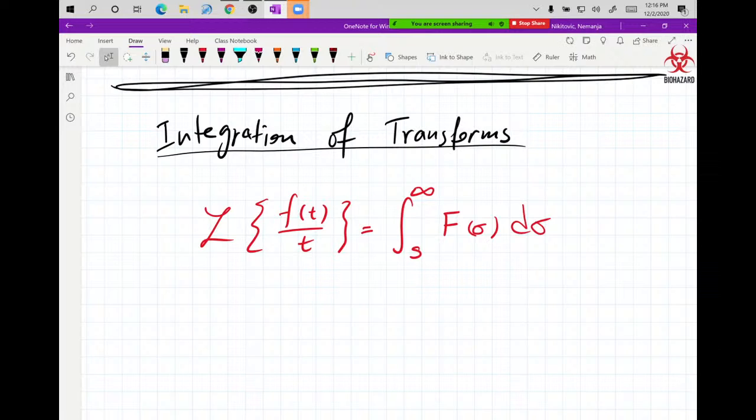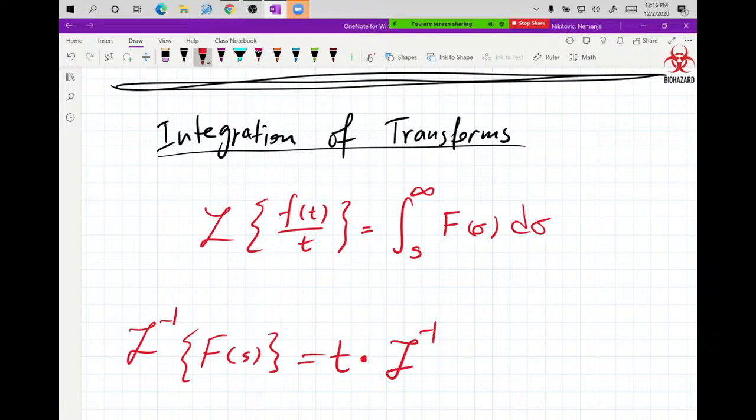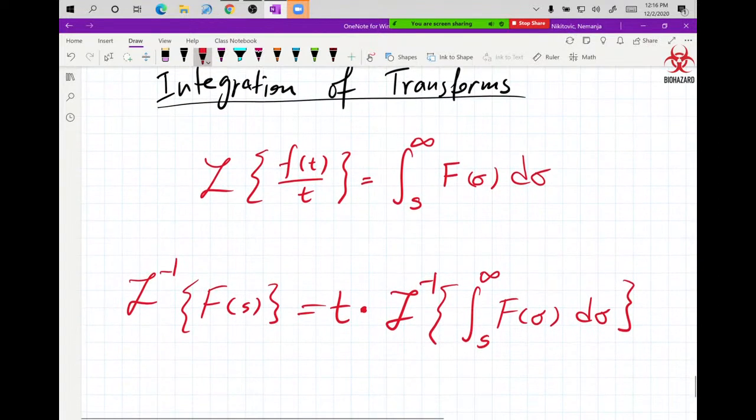And this gives us that our inverse Laplace, which is what we are after most of the time, of F of s, is going to be t times inverse Laplace of the integral from s to infinity of F of sigma d sigma. Guys, this is just the same formula you get.